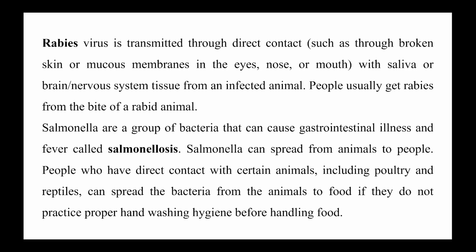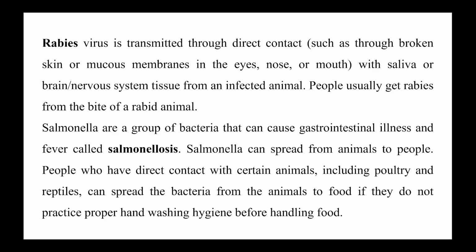So rabies, you must be familiar with this. Most of you have heard of this disease, I hope. It's a disease that is caused by a virus. So this virus mainly is transmitted through direct contact, such as through broken skin or mucous membranes in the eyes, nose, or mouth, with saliva or brain nervous system tissue from an infected animal.